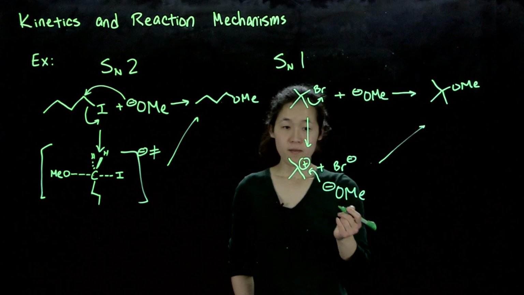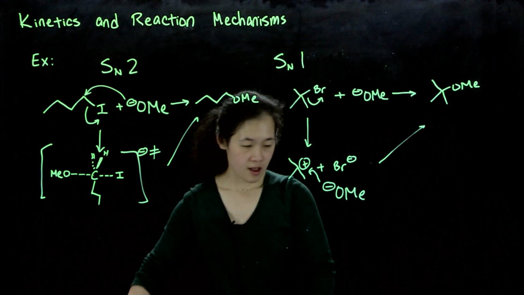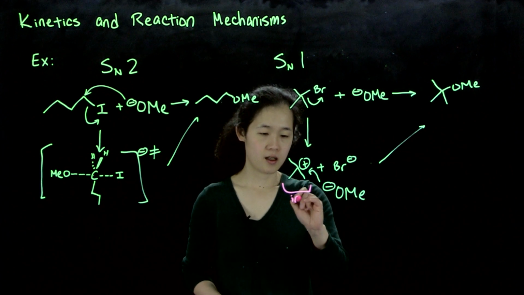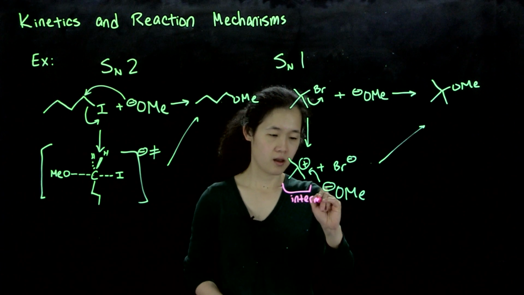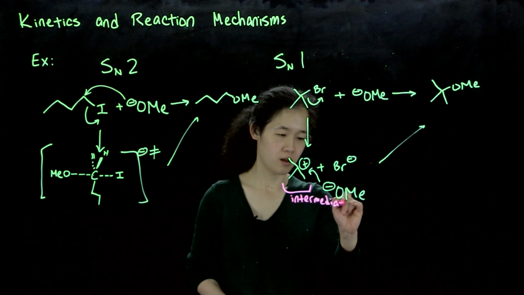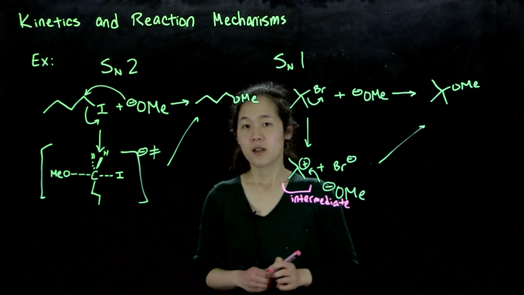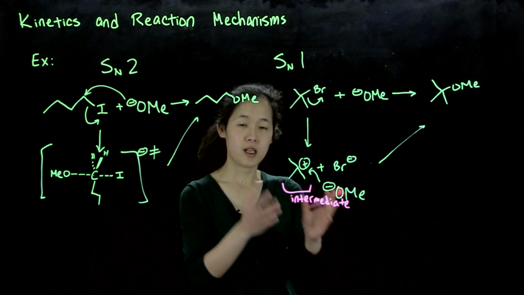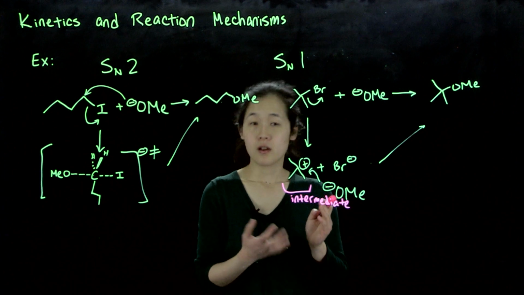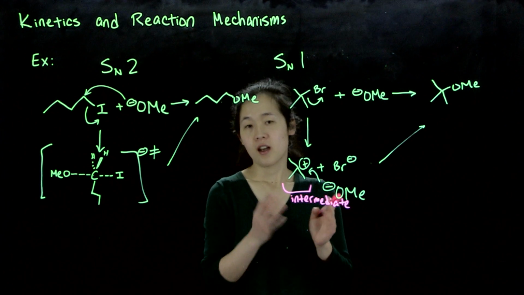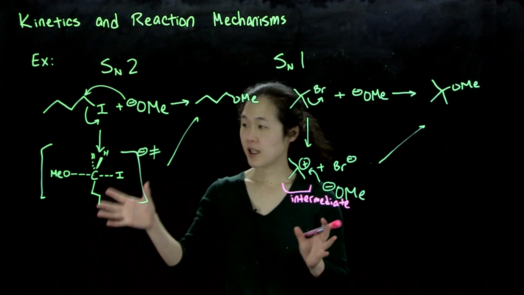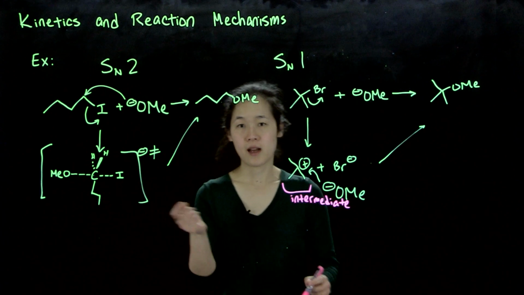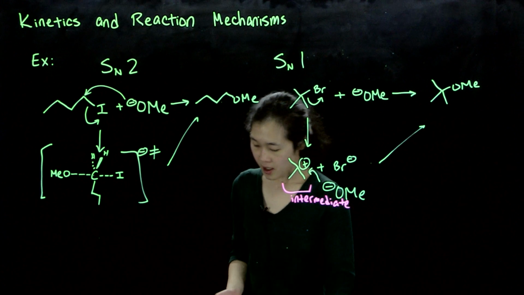So this is SN1, and the key part is that this carbocation is an intermediate. The difference between an intermediate and a transition state is that an intermediate might be observable or isolable potentially, whereas transition states you can't observe spectroscopically because they have such a short lifetime that it's almost impossible to see.